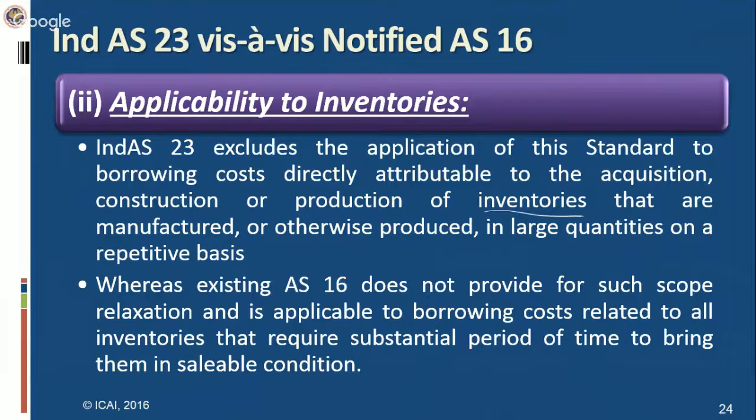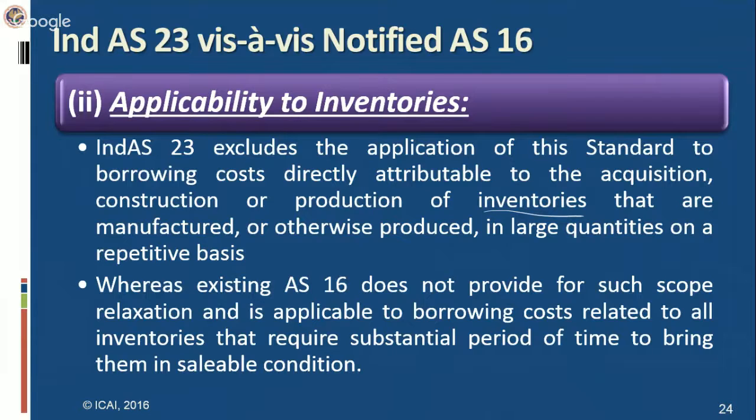First, the standard does not apply to borrowing costs attributable to qualifying assets measured at fair value. Same way, it also does not require an entity to apply the standard for borrowing costs directly attributable to the production or acquisition of inventories that are manufactured or otherwise produced in large quantities on a repetitive basis.